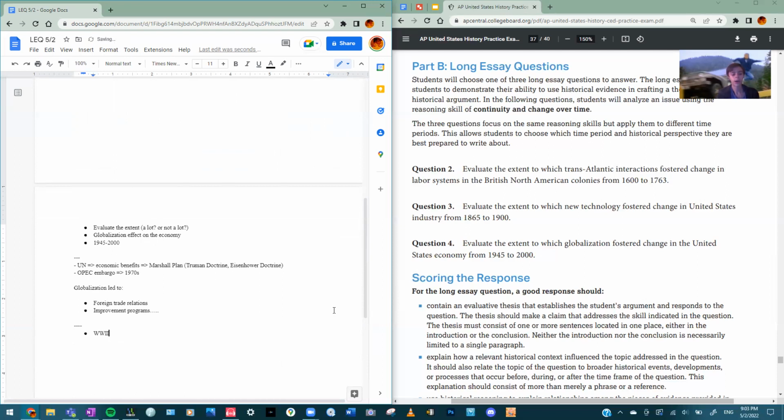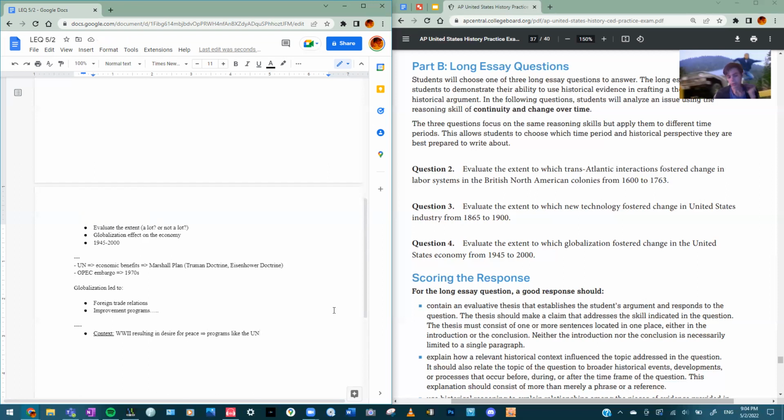So I could say something about World War II resulting in desire for peace, and then that would result in programs like the United Nations, which would lead to globalization.